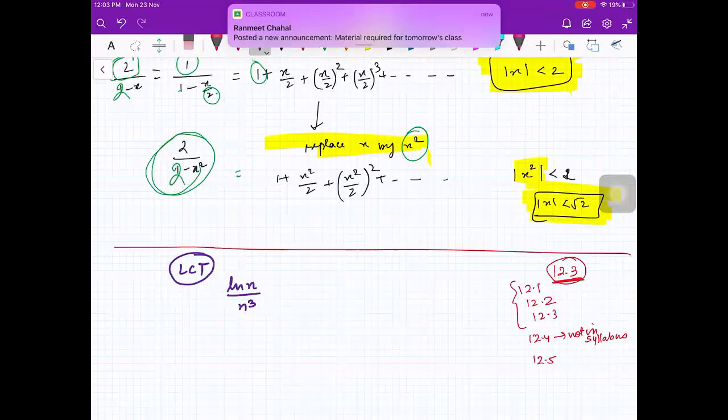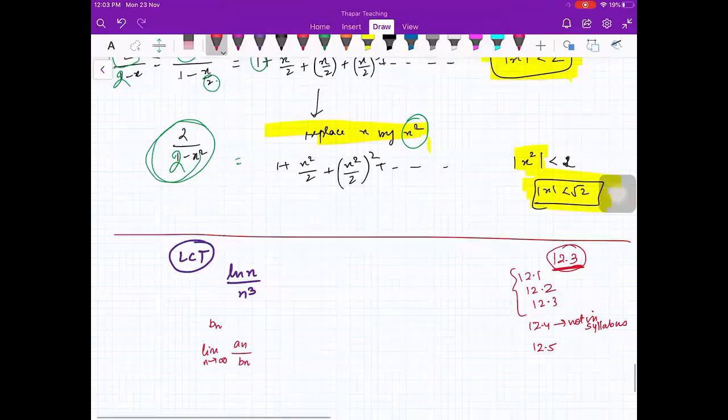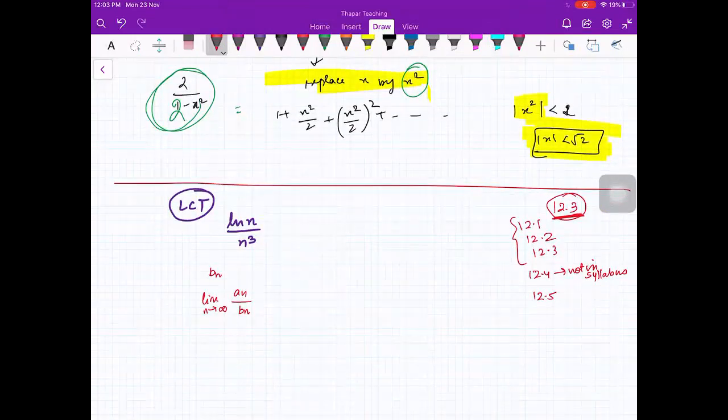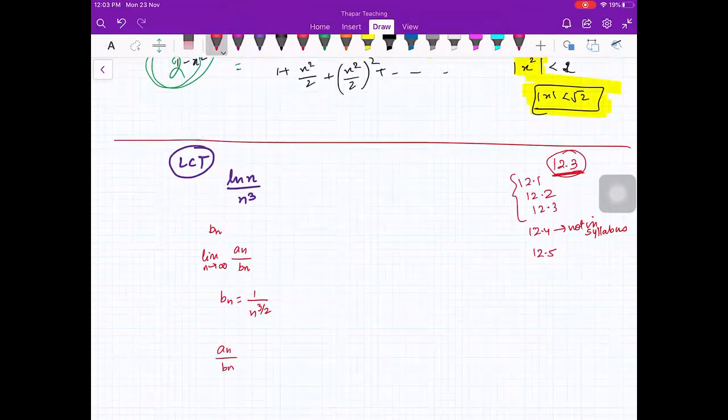Limit comparison test means you have to find a bn such that an upon bn has something which is useful. So what should we take? Tell me. We can take 1 by n raised to power 3/2. Okay. So if I take this, what will happen? An upon bn will be log n upon n raised to power 3, upon 1 by n raised to power 3/2.